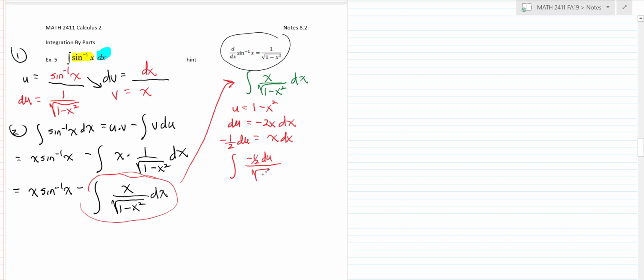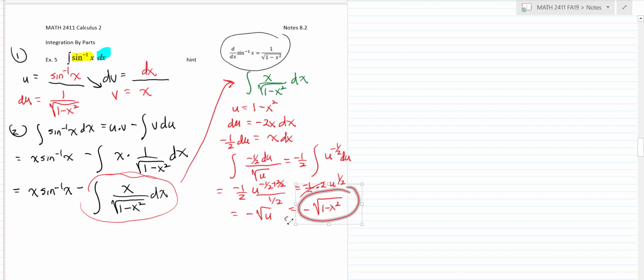And then we would have the square root of u. So that would just be negative 1/2 integral of u to the negative 1/2 du. So that's negative 1/2, and then that'll be u to the negative 1/2 plus 2/2 all over 1/2. So that's negative 1/2 times 2, u to the 1/2. 2's cross out, so it looks like you're left with negative square root of u. So that would be negative square root of 1 minus x squared.